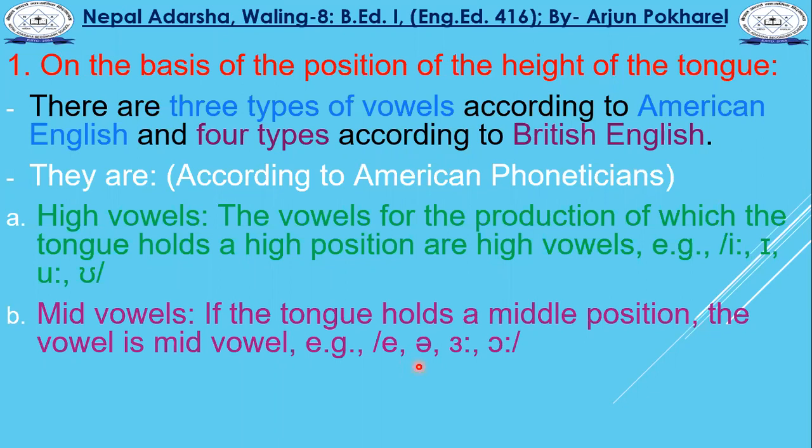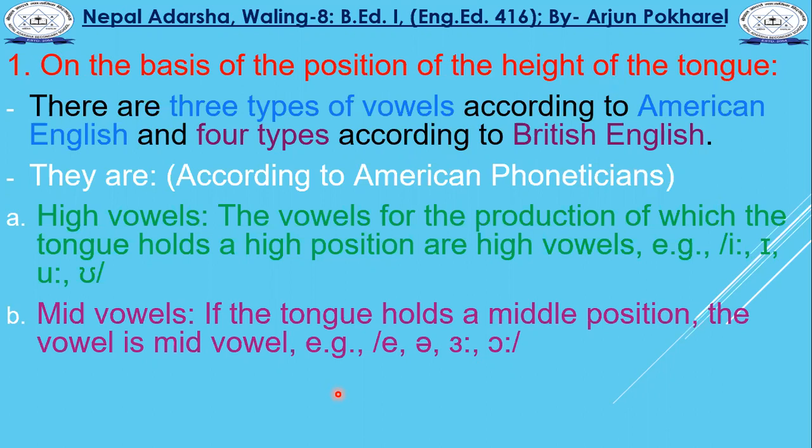The tongue remains in the same place, in the middle position in your mouth. That's why these sounds are mid vowels. These four are mid vowels in English according to American phoneticians.